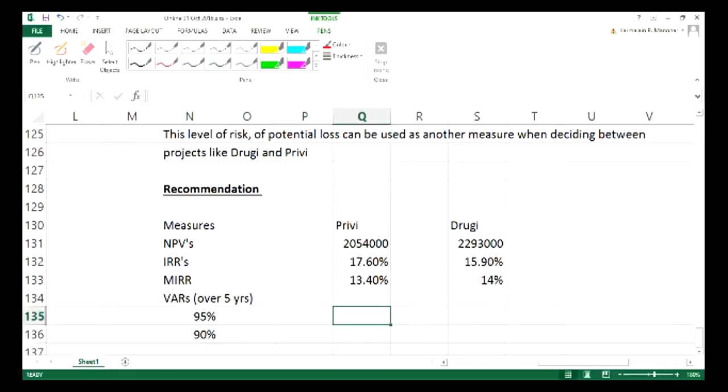So what the risk levels: Privy was 113,500 and 860,000. Trucking, we have values of 1475 and 1145.